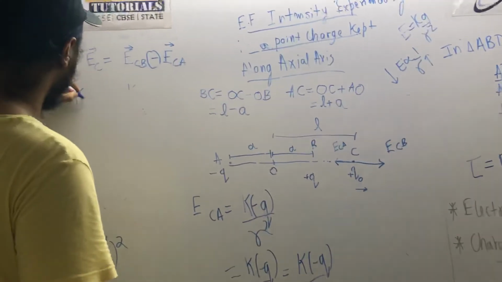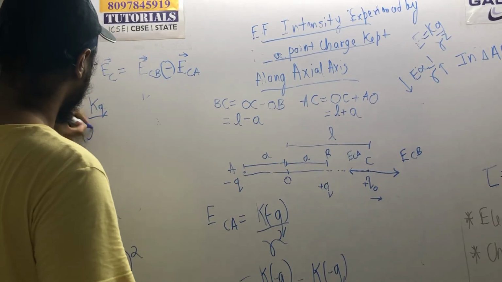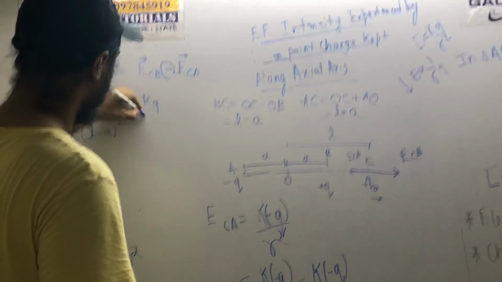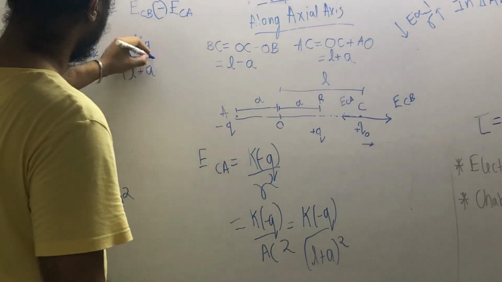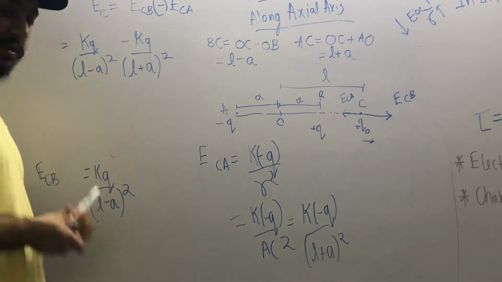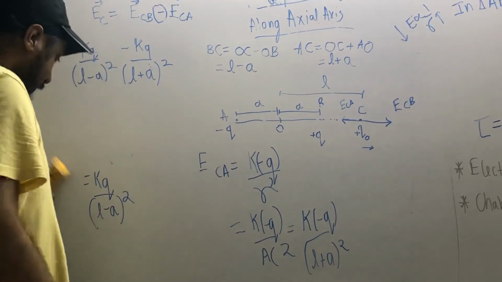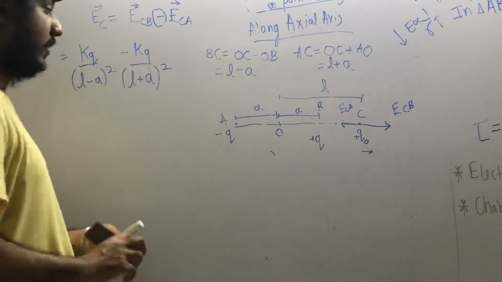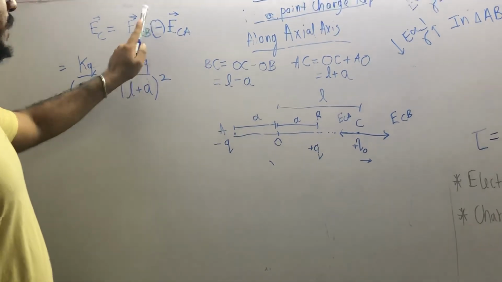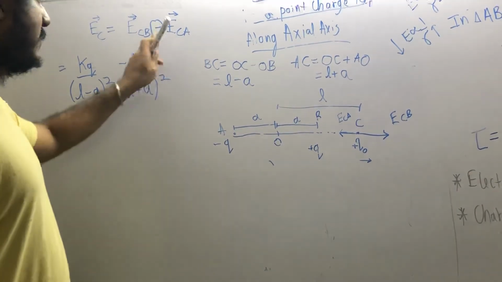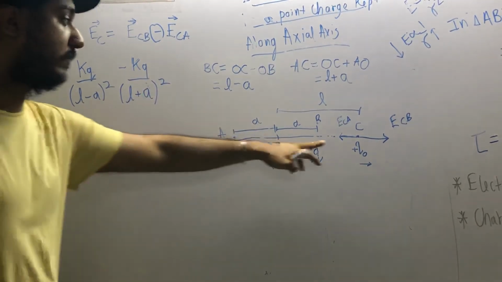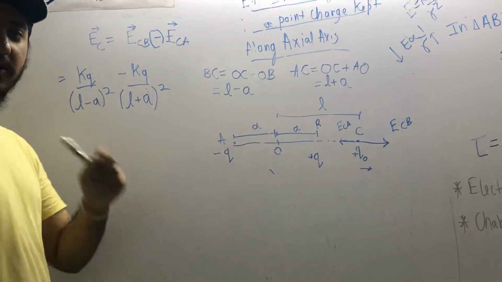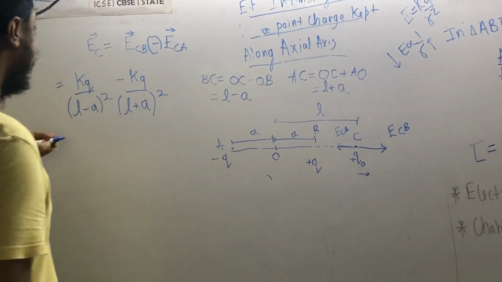ECB is... okay, so for some space, I will drop this. Again, I will repeat, I didn't use the minus sign here because I had already considered the minus sign here. Why did this minus sign come? Because I considered the direction of this here. So I considered the value of minus charge already in this equation, so that's why I didn't use the minus Q again. Okay, so we will continue this further.